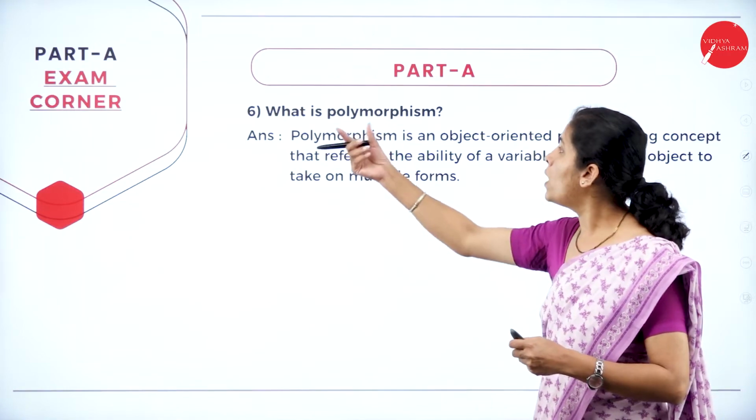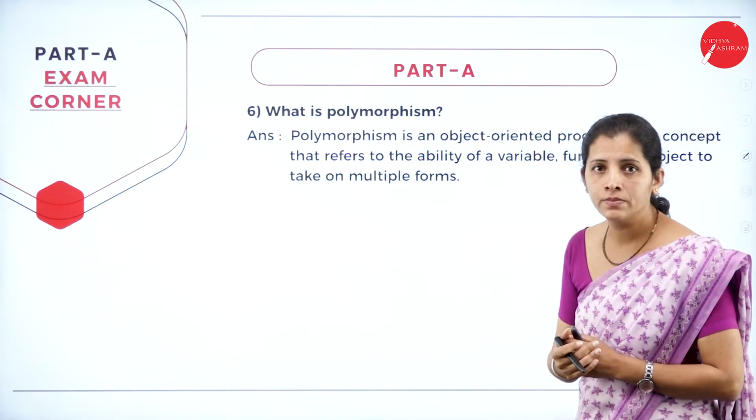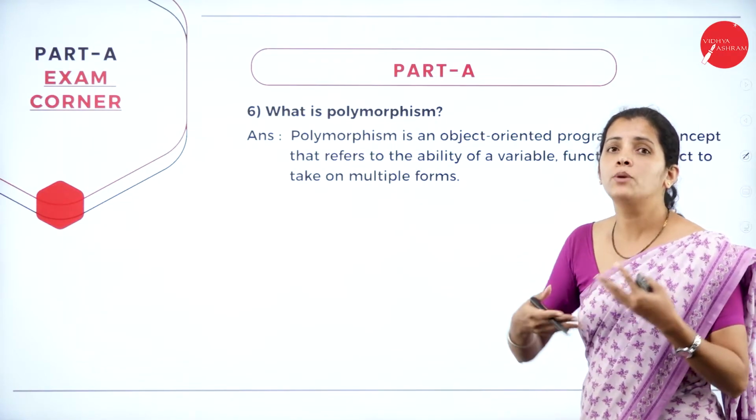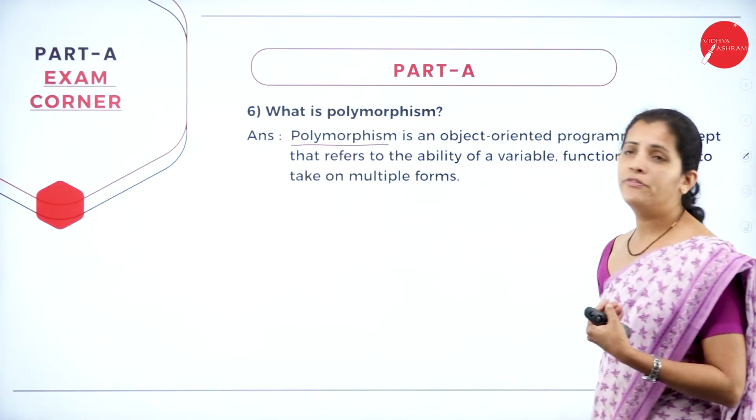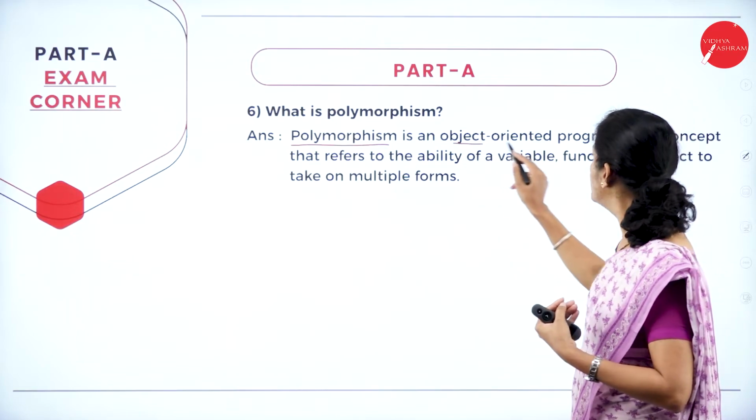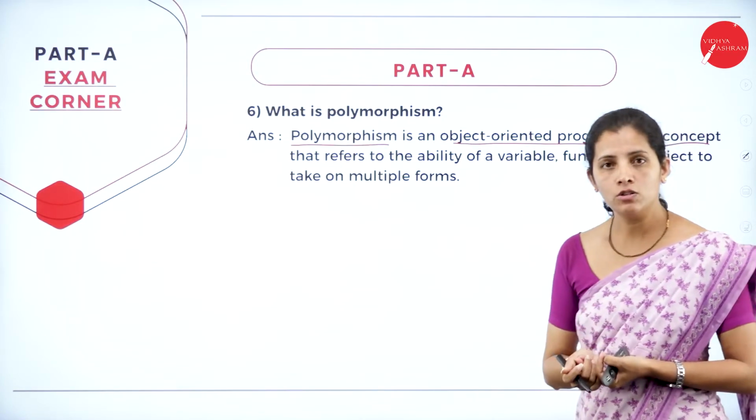Now, what is the sixth question I'm going to have here? That is, what is polymorphism? Poly means multiple. Polymorphism is an object-oriented programming concept.